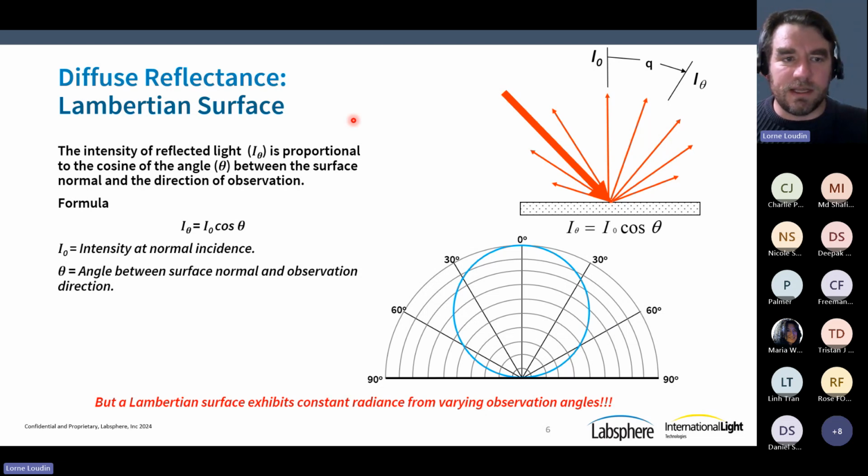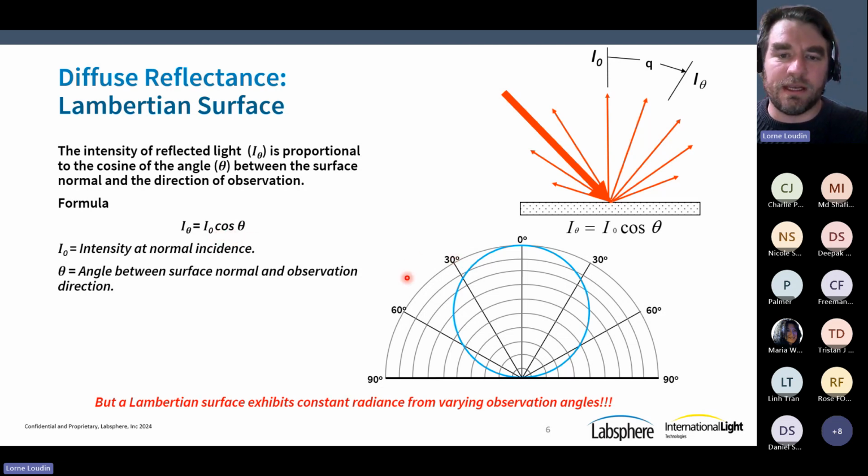What's really taking place is that the intensity of the reflected light off of the surface is proportional to the cosine of the angle relative to normal, right? So here's our normal. The intensity is relative to the incident angle. Because intensity at some given angle theta is proportional to the cosine of theta, the intensity at that angle is equal to the intensity I naught, or normal, times the cosine of theta.